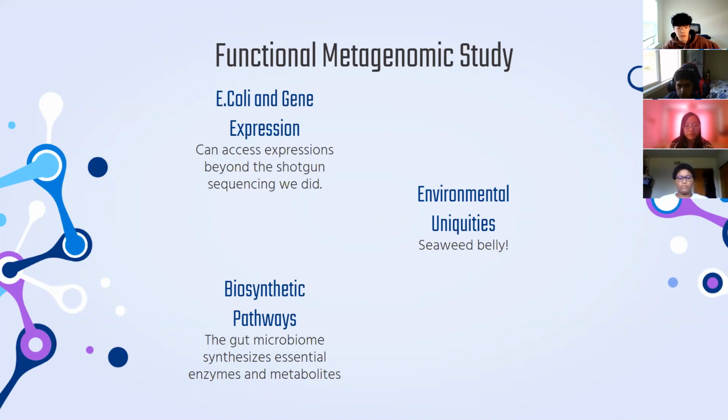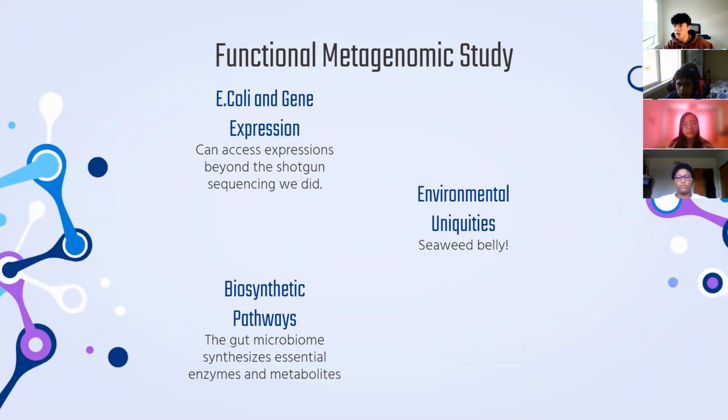There is an expression called translational fusion, which is inaccessible by shotgun sequencing. And what scientists did is they used E. coli hosts to show the presence of that expression, which was impossible using previous methods. So that's an interesting application of functional metagenomics.